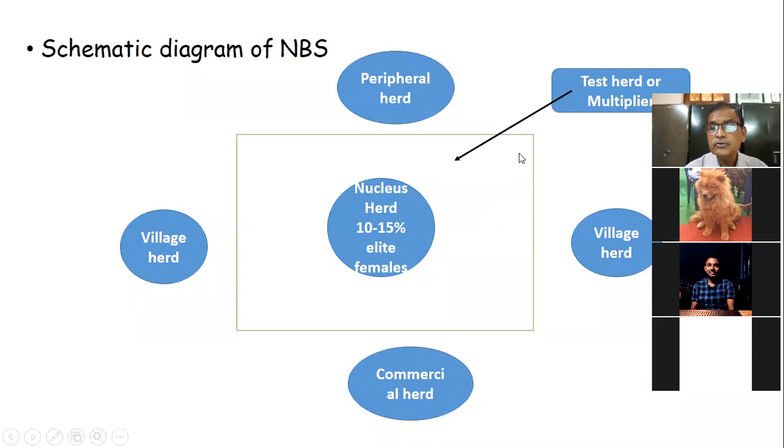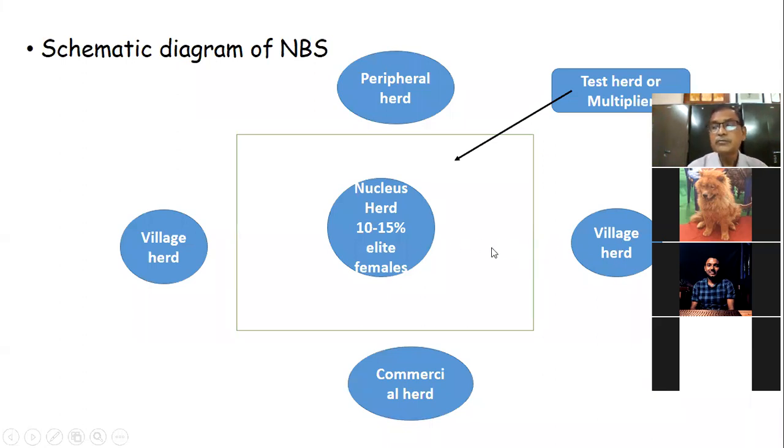The calves will be produced and used for breeding in the village herd. So this is one way of traffic. In the other way, sometimes the villages also maintain good quality animals, so those animals are also transferred from the village herd to the nucleus herd.